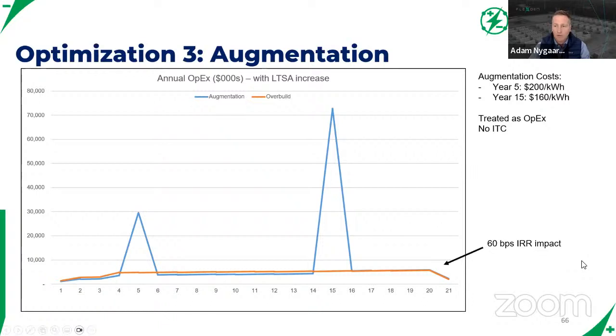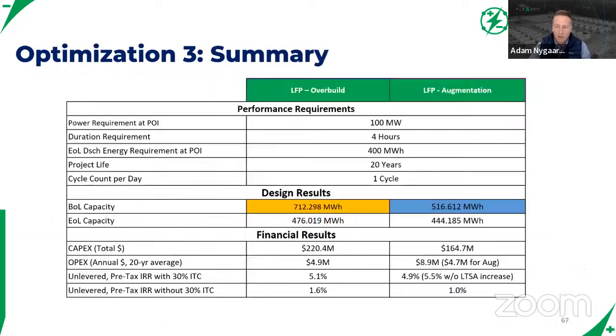Now if we can go to the final slide here, Sherif, where we're comparing the results. Again, initial oversize for the overbuild is 712 megawatt hours versus the augmentation is 516, but then adding, as Sherif mentioned, 130 megawatt hours, and then replacing really the entire system in year 15 at 400 some.